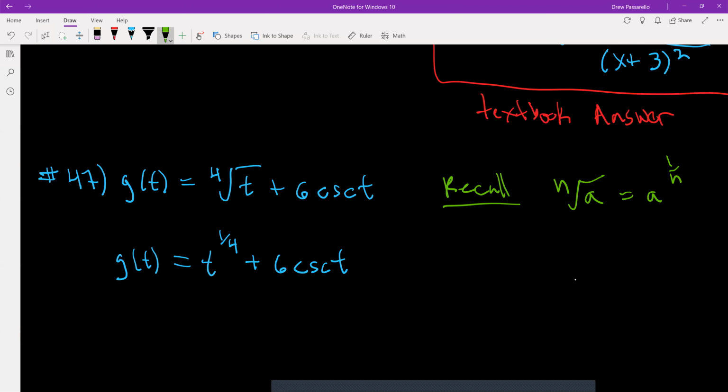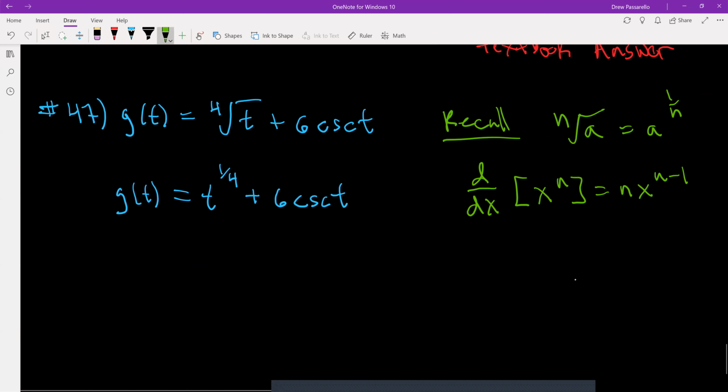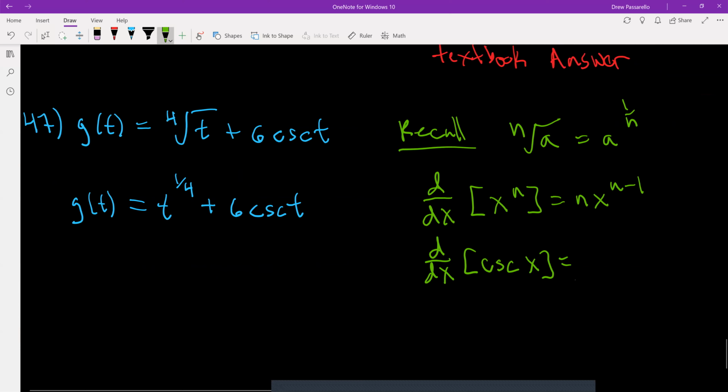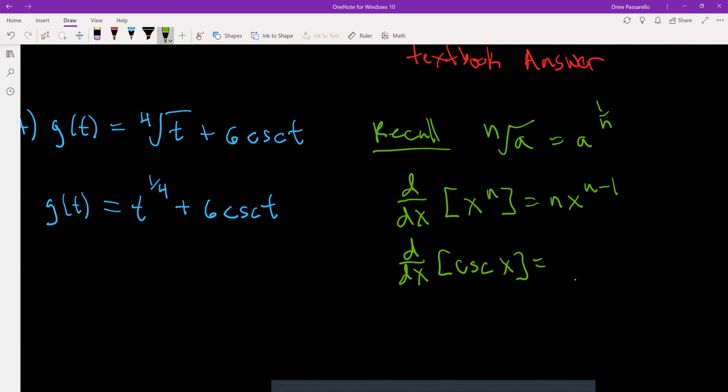Now, the rules I'm going to apply. So I'm going to apply the power rule. And then I'm going to apply the derivative of cosecant, which is a new rule that we just learned. And that's negative cosecant cotangent is its derivative.